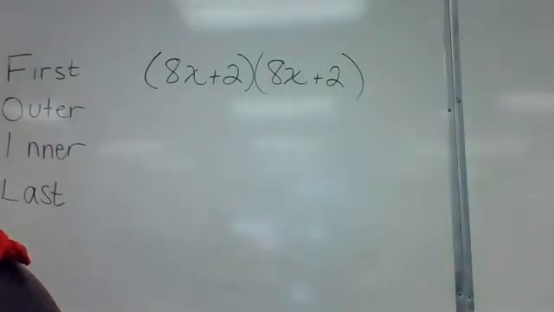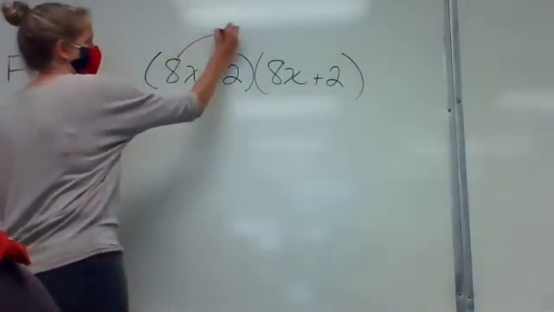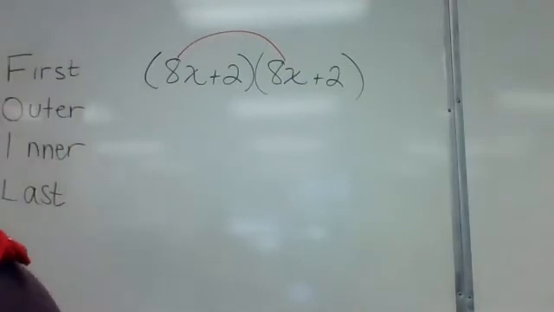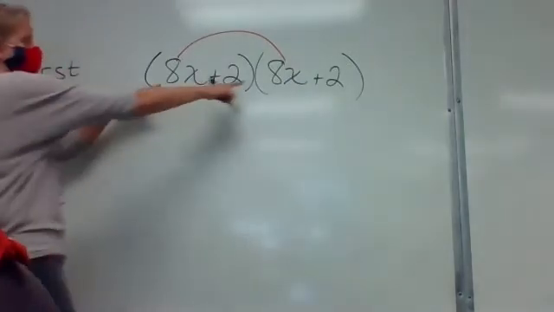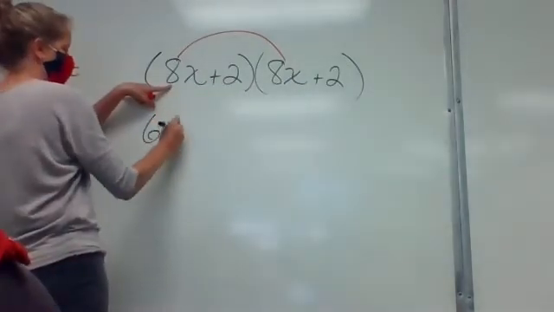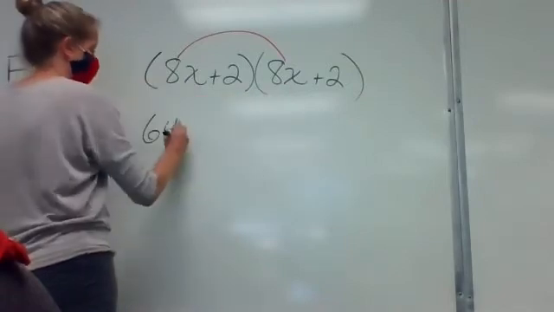I'm going to FOIL, right? 2 parentheses. Each parenthesis has 2 terms. So my first, 8x times 8x gives me 64. Do they both have x's on them? Yep, so x squared.